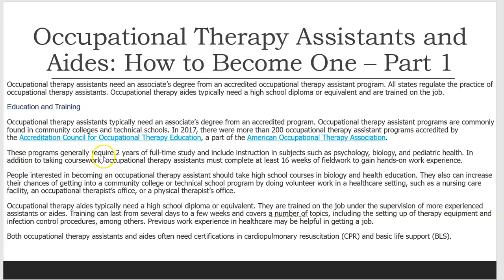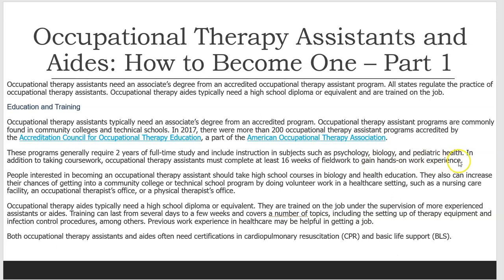These programs generally require 2 years of full-time study and include instruction in subjects such as psychology, biology, and pediatric health. In addition to taking coursework, occupational therapy assistants must complete at least 16 weeks of field work to gain hands-on work experience.